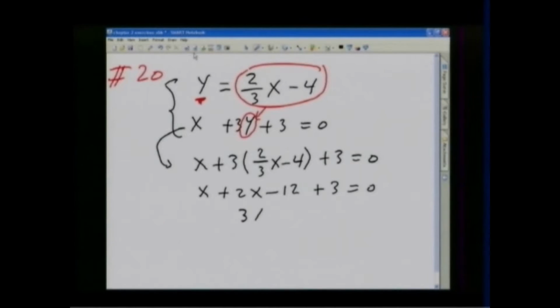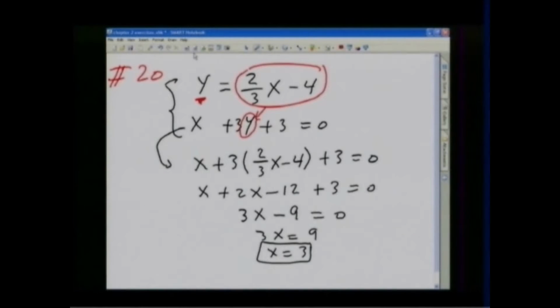That is 3x minus 9 equal to 0. That is 3x equal to 9. Therefore, x is equal to 3. That's the x-coordinate of the intersection of these two lines.